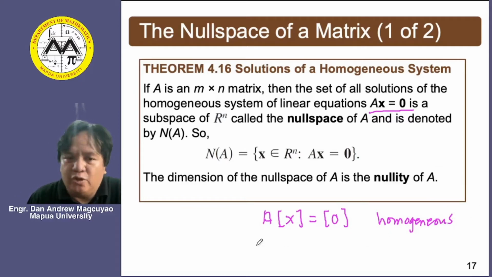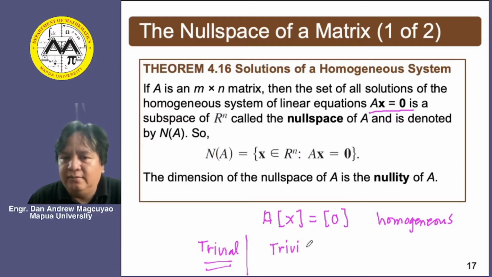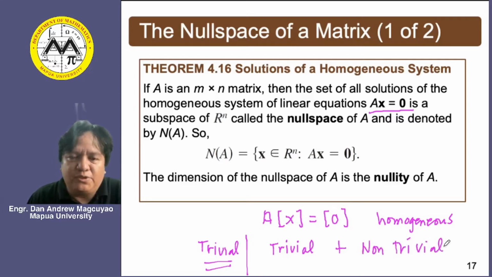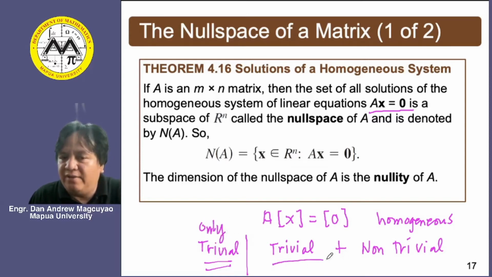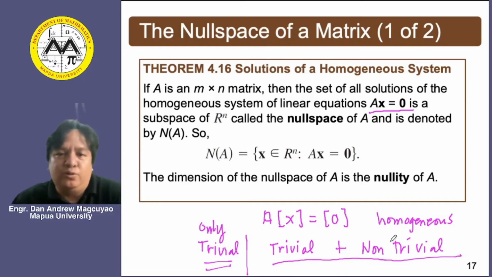A homogeneous system always has a trivial solution. So you either have only the trivial solution, or you can have the trivial plus some non-trivial solutions to the equation AX equal to 0.